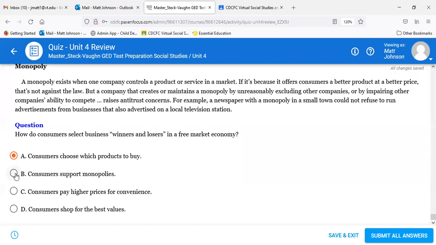That's what drives competition. Same thing with anything else: shoes, televisions, driving the idea of what the features are, the quality of the item, and the price. That's going to influence a company as far as what they produce and how much they charge. All right, so A for 27.